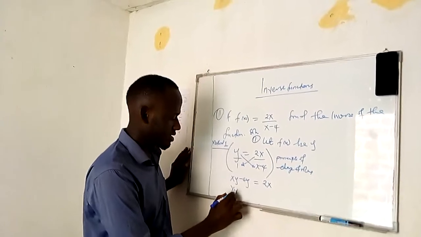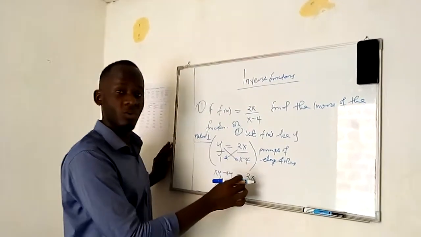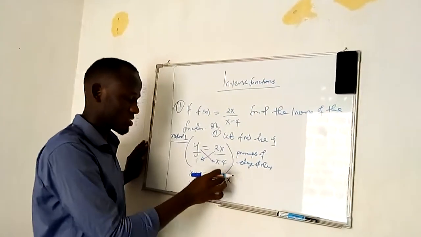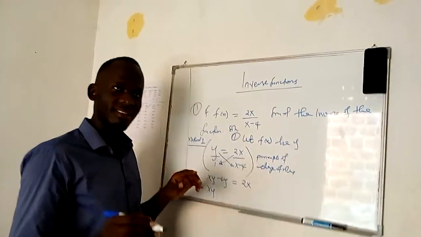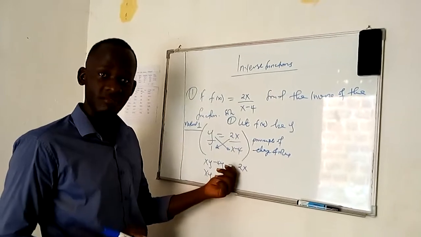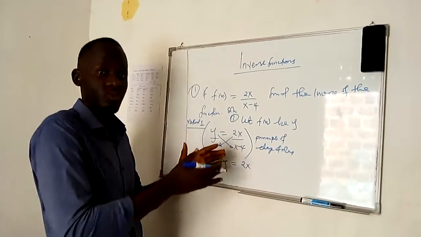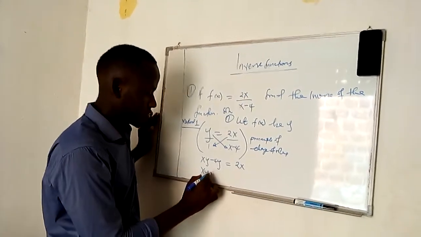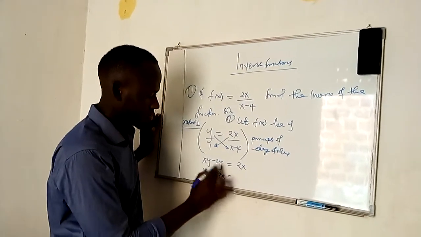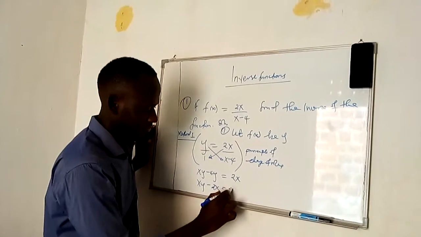When a number crosses the equal sign, it changes its sign. If it has been positive, it will become negative on the other side, and if it was negative, it will become positive. So now this will be negative 2x, and this will be positive.